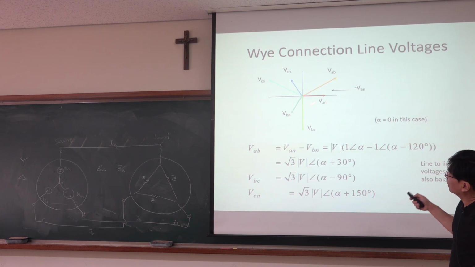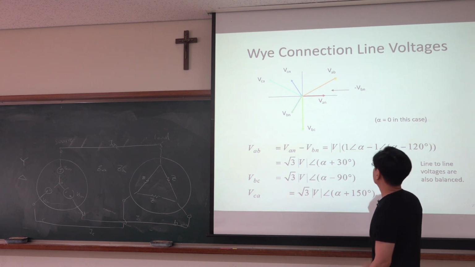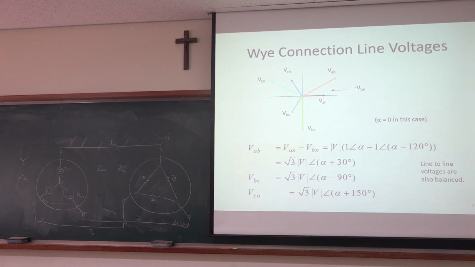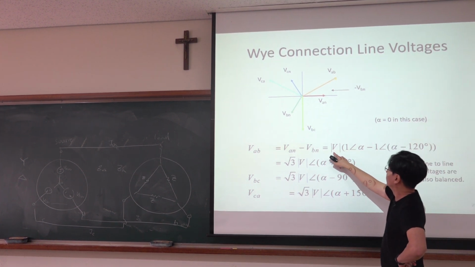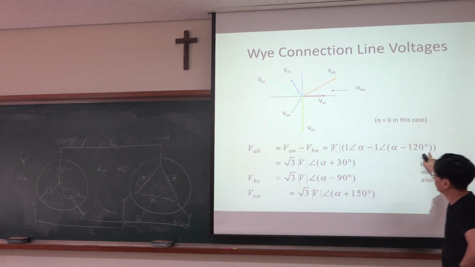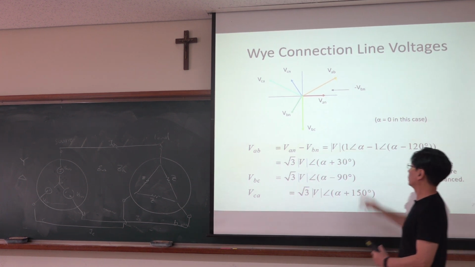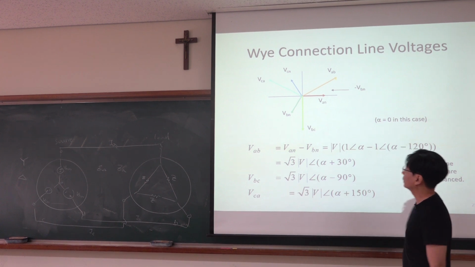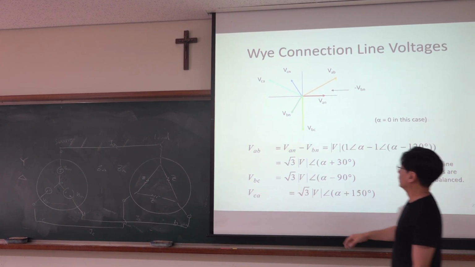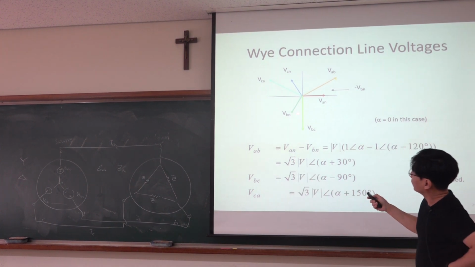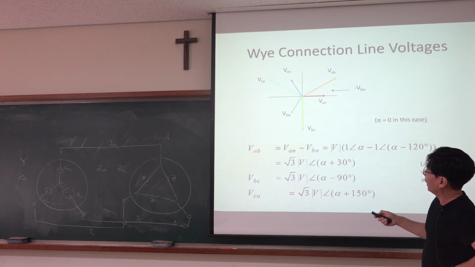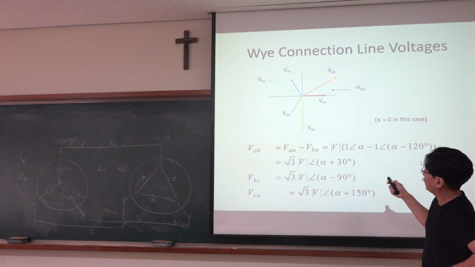In phasor notation, when you calculate the vector sum, you get VAB.